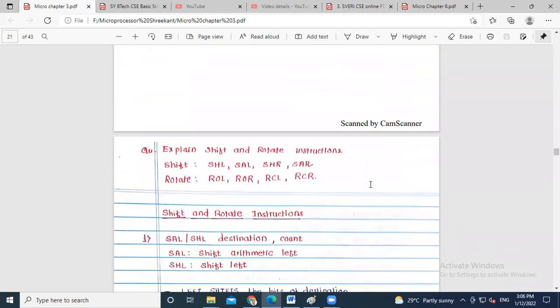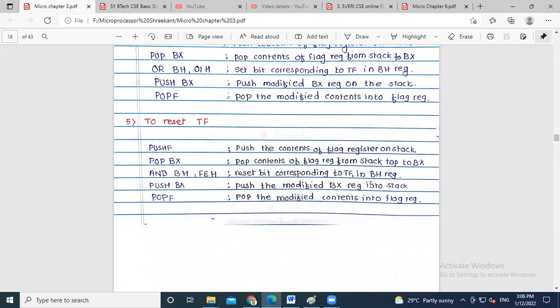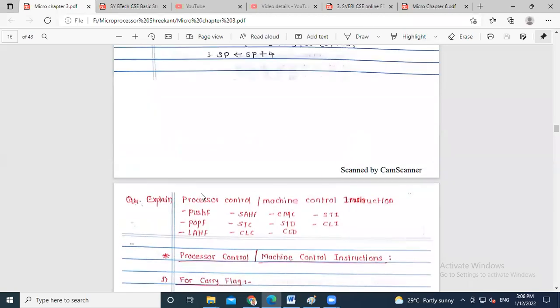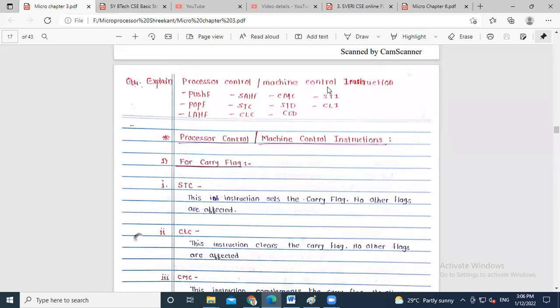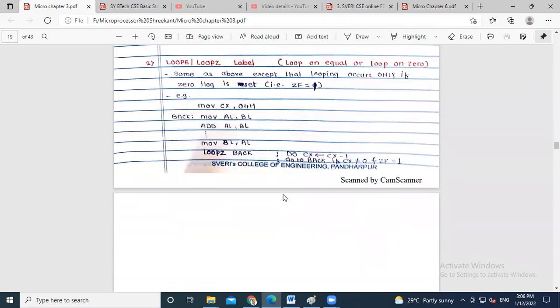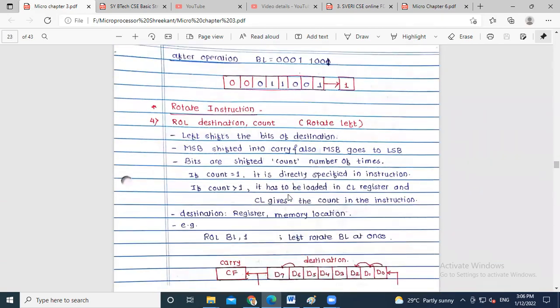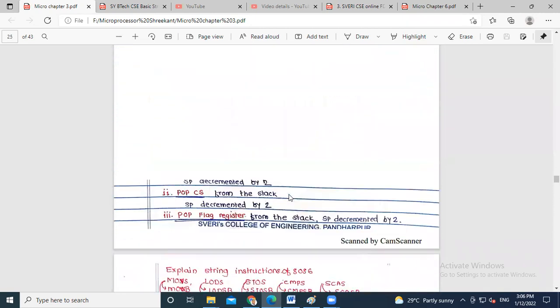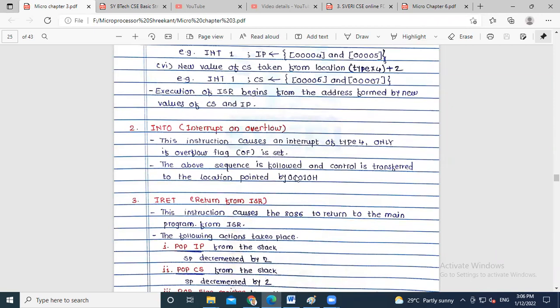Here I will show the point: iteration control, processor control, machine instructions. From today I have started it, that is page number 17 to page number 25. Please go through it. I have to cover 20 instructions, and you have to read them for these 20 minutes.